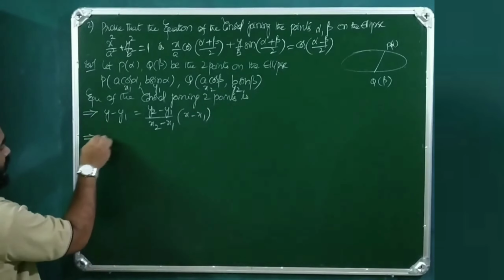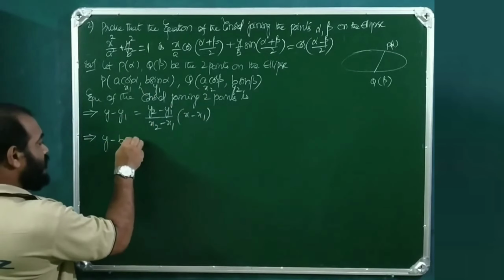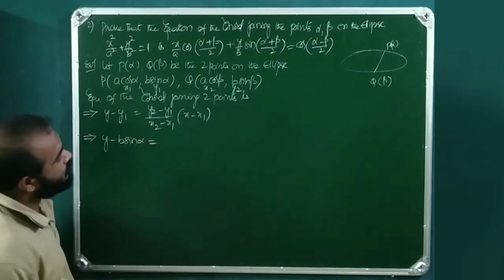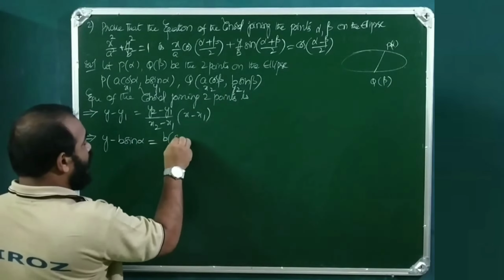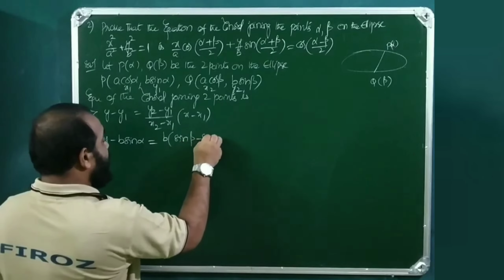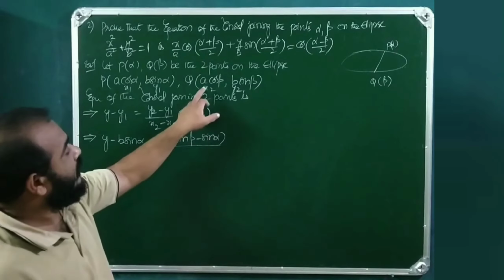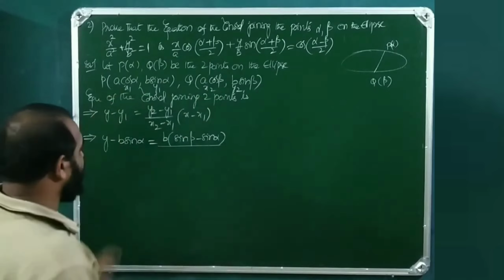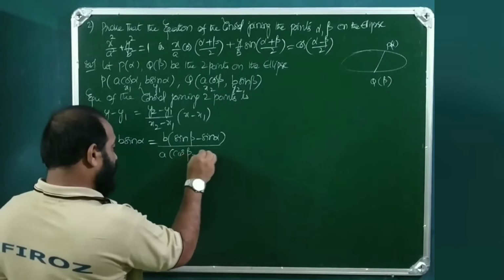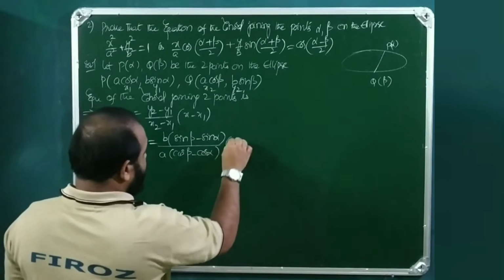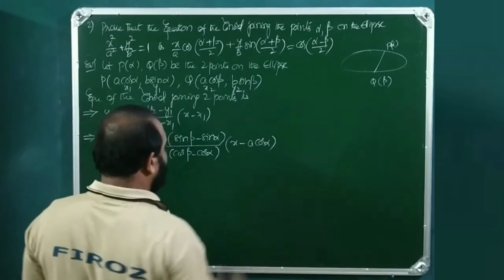So this implies y minus y1 is b sin alpha, y2 minus y1 is b sin beta minus b sin alpha. Take b in common, sin beta minus sin alpha by x2 minus x1, a cos beta minus a cos alpha. Take a in common, so cos beta minus cos alpha into x minus x1, a cos alpha.